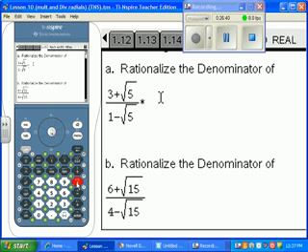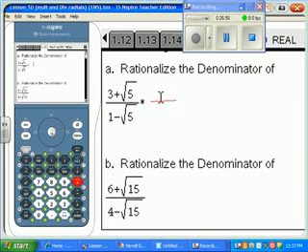Okay, so one of our rules for math is you can never leave a radical in the denominator. You can't do it. You have to rationalize it. And in order to rationalize it, you have to multiply by the conjugate. So what's the conjugate here? The denominator, 1 plus. So you're multiplying the numerator and the denominator by 1 plus the square root of 5.